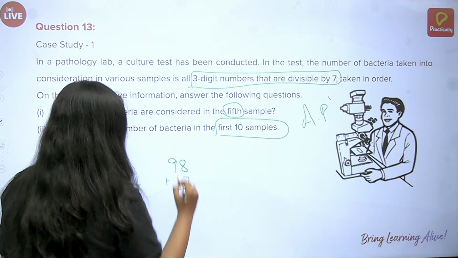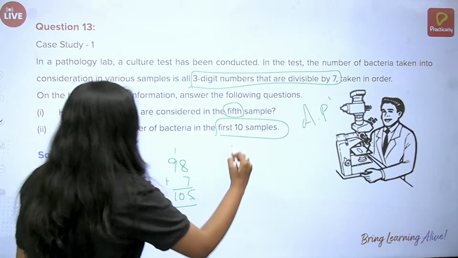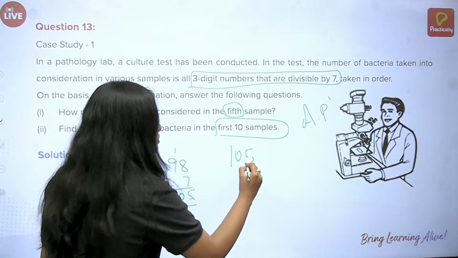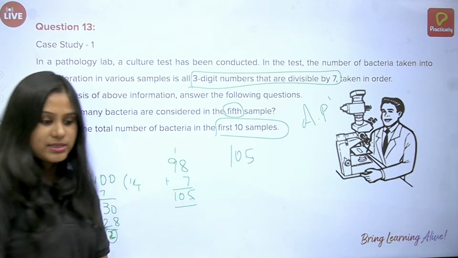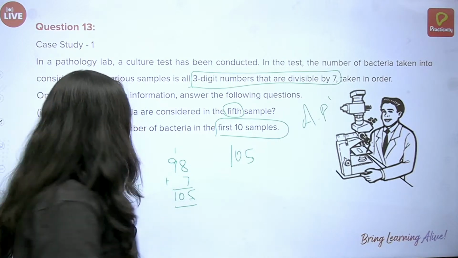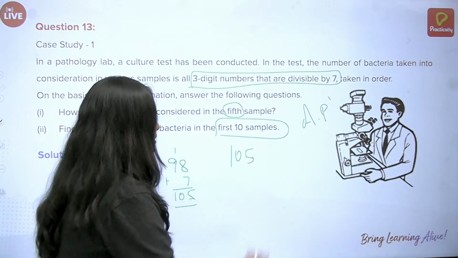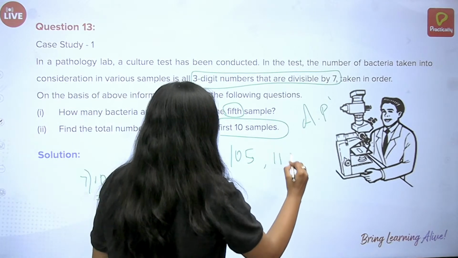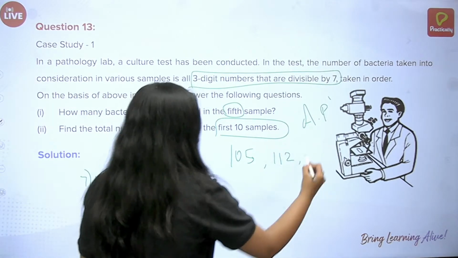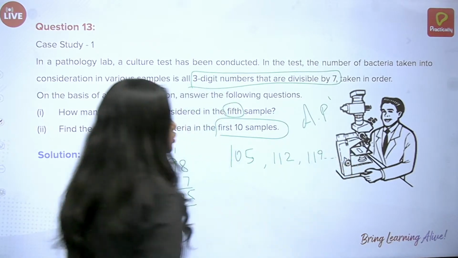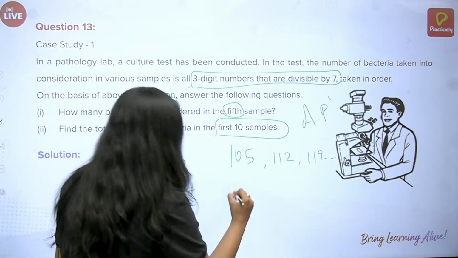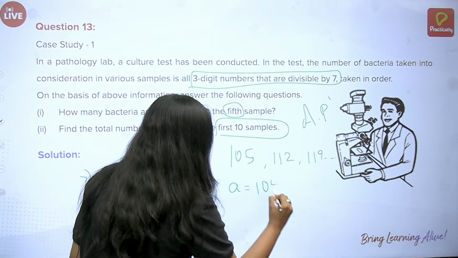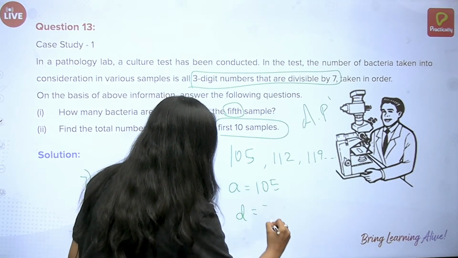So, 105 is the first 3-digit number which is divisible by 7. Simple, right? So, first will be 105, then the next is plus 7, 112. Then 112 plus 7, 119 and so on. So, we got the series. So, here A equals 105, D equals 7.